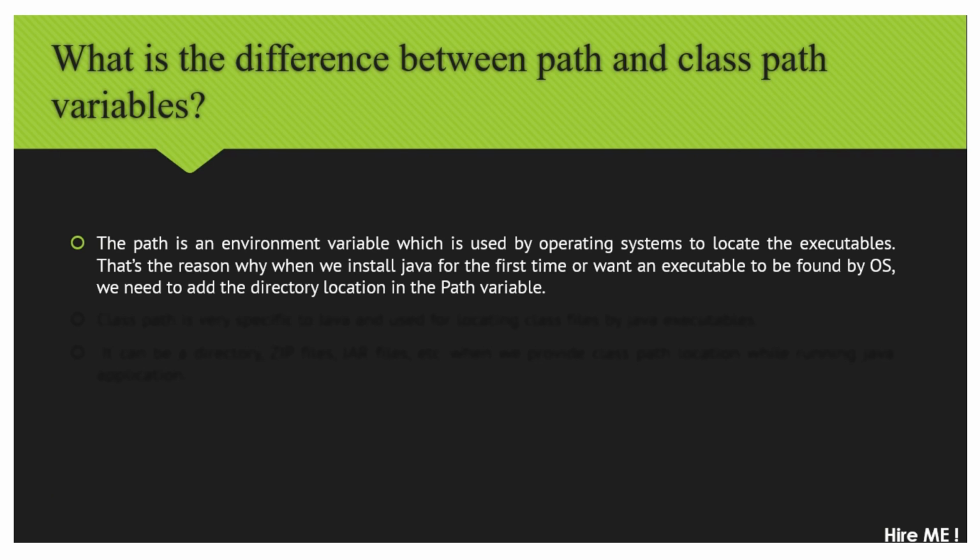So path is an environment variable used by operating systems to locate the executables, that is, the Java program. That is the reason why, when we install Java for the first time or want an executable to be found by the OS, we need to add the directory location in the path variable.